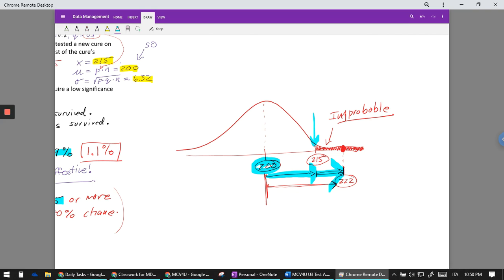And if that were the case, we could say, yes, this drug was a miracle because there's no way that that number of pigs could have survived without some sort of cure, and so therefore the cure must have been effective.